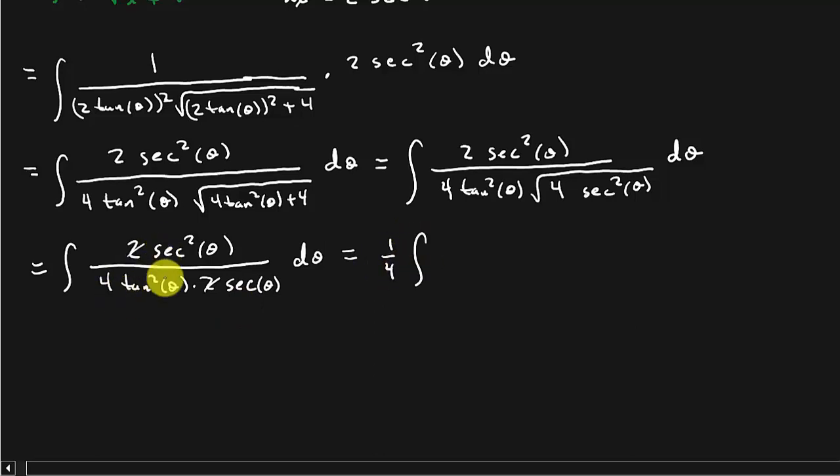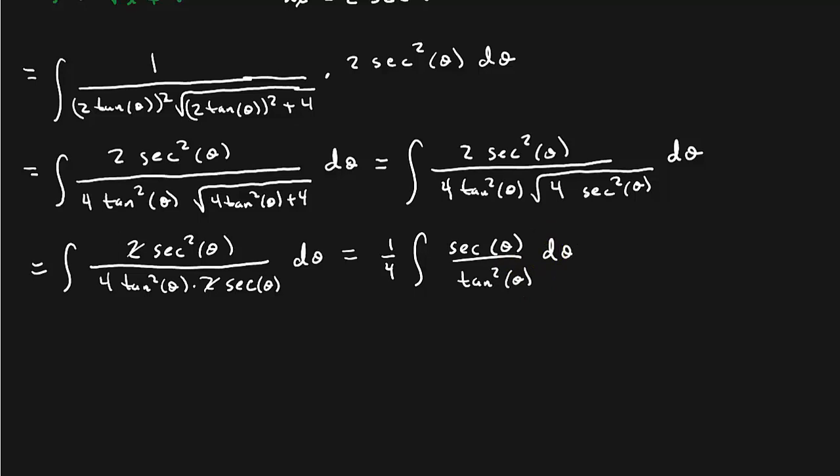And so this is equal to 1/4 times the integral. The 2's cancel. I'm going to bring the 1/4 out. And that's going to be secant theta over tangent squared theta d theta. So how do I go about integrating this thing?